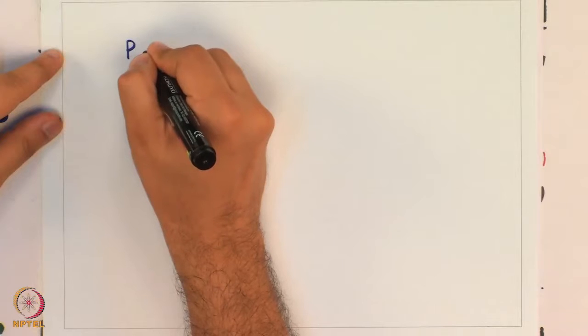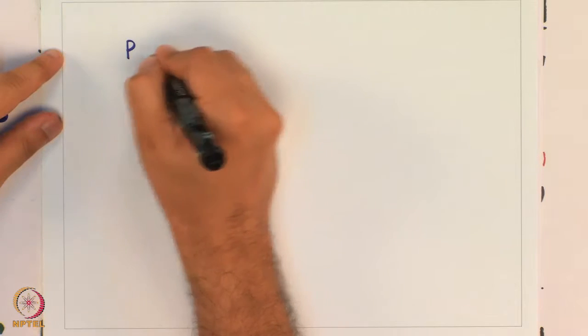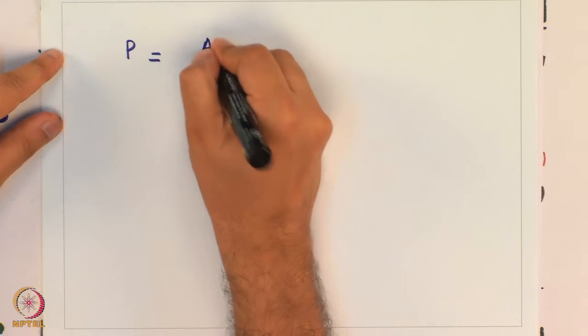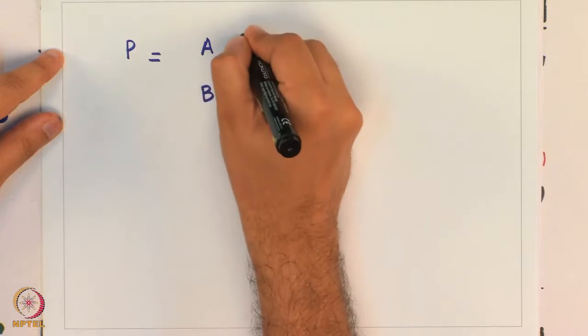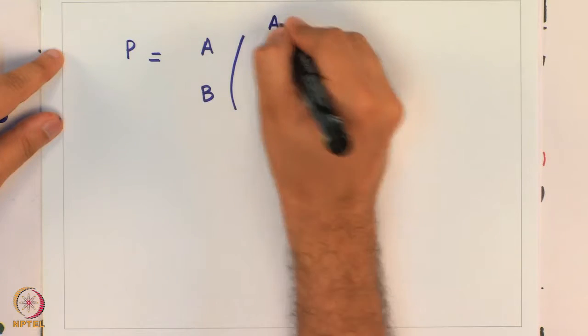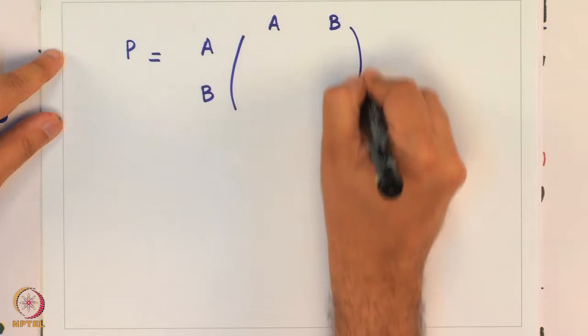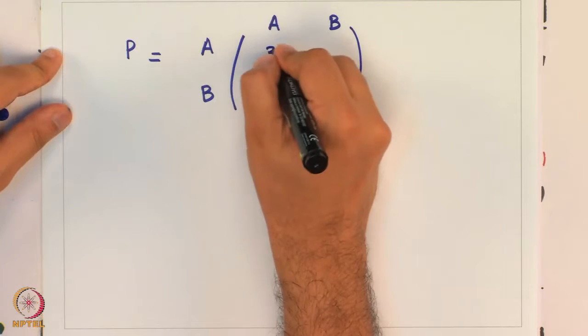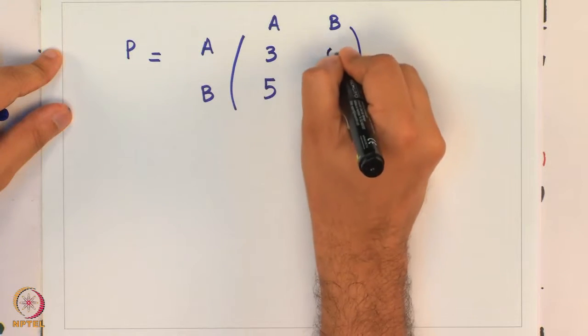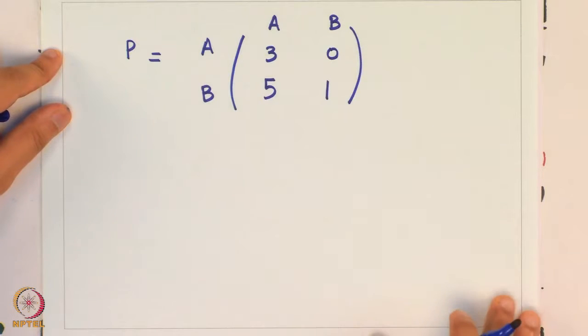Let's do a quick example matrix to make this concrete, and let's imagine that my payoff matrix P is given as the following: 3, 5, 0, 1.